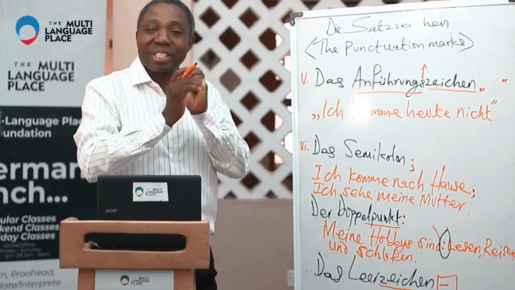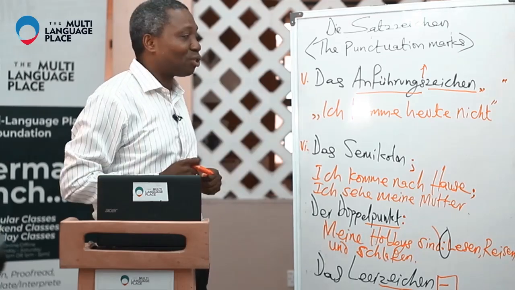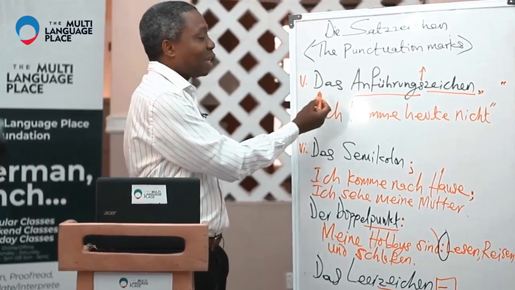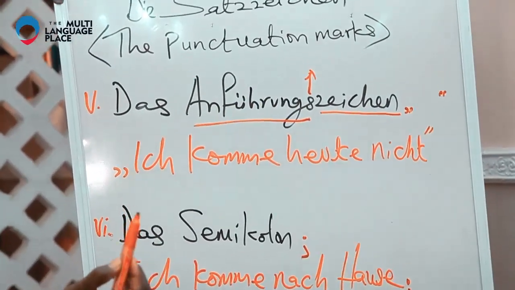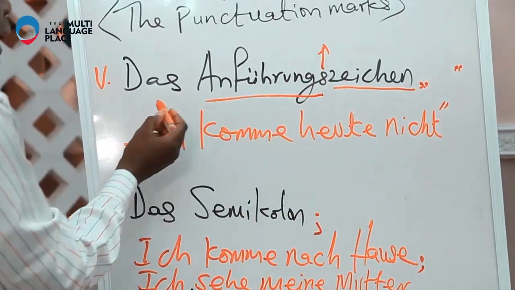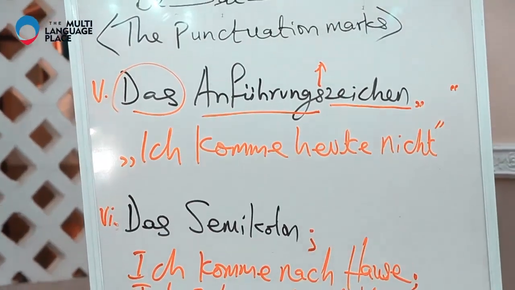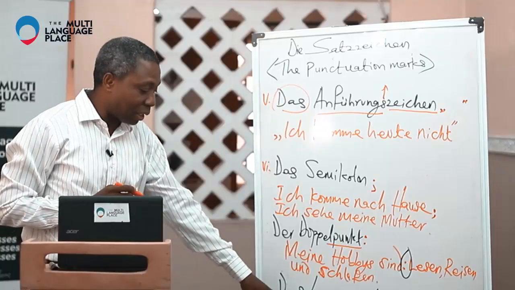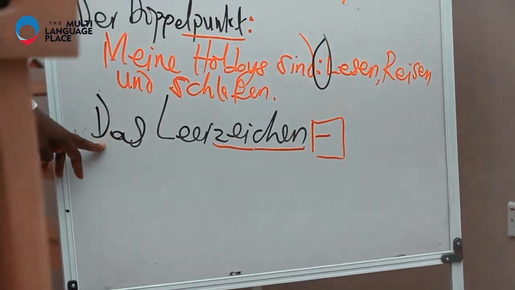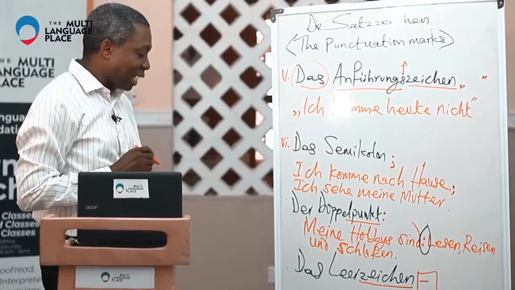And once you know it, you use that gender for the whole word. So I have Anführung, that is die, Zeichen, that is das, joined together, and then we have das Anführungszeichen. The same thing with Leerzeichen.